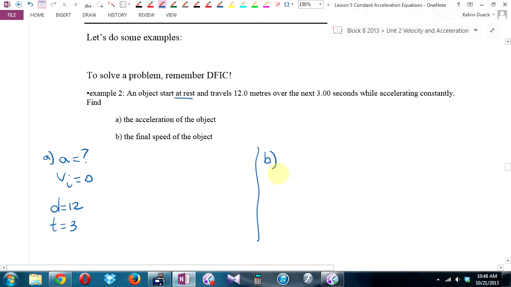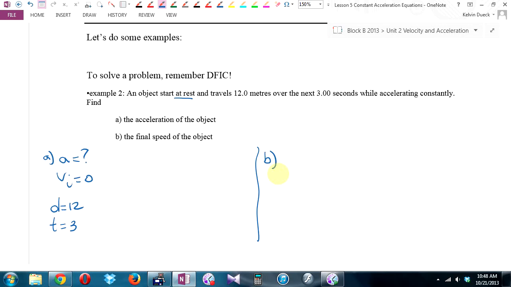Here's what I'm going to say to you. Somewhere in those 4 equations in the box above, only one of those equations has an A, a V initial, a D, and a T, and no other variables. Find it. Which equation has those 4 variables and nothing else? This is the skill you need to pick up on.